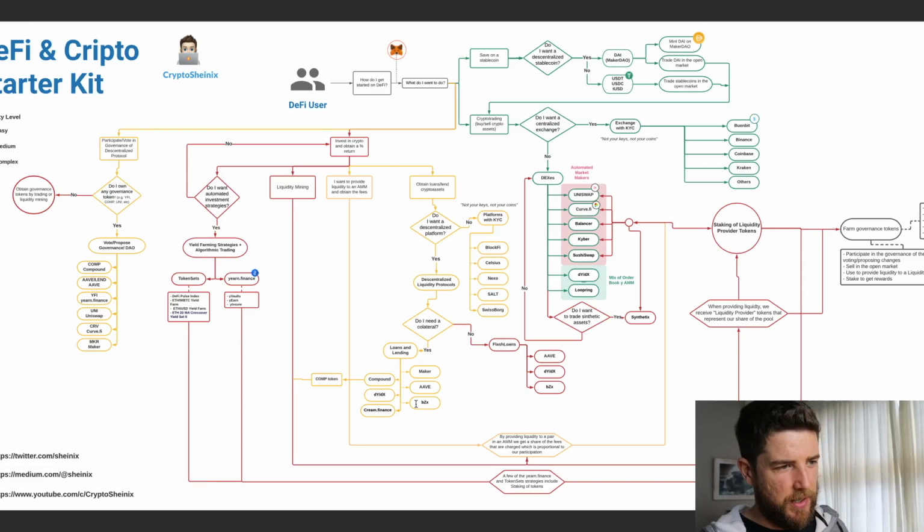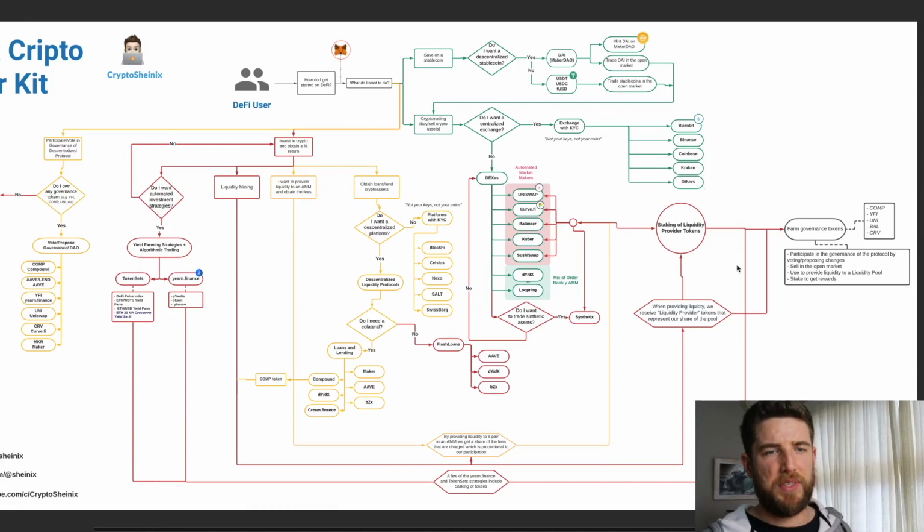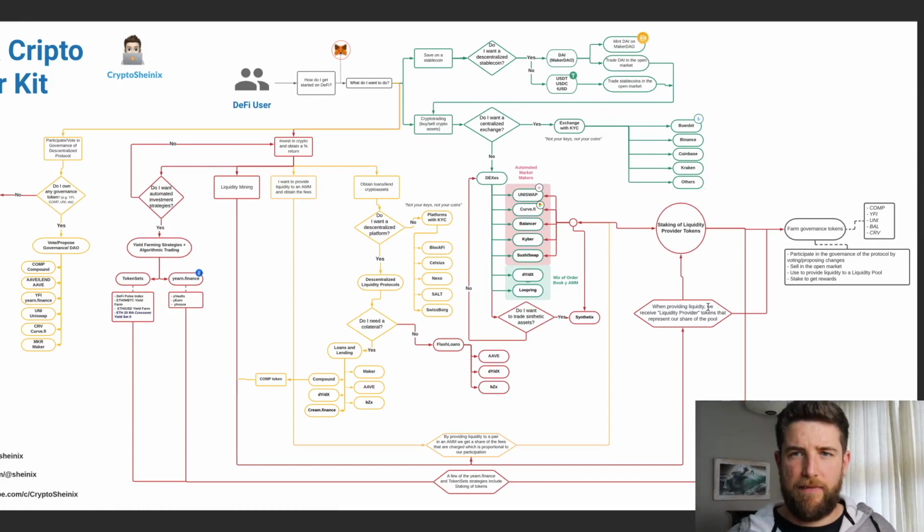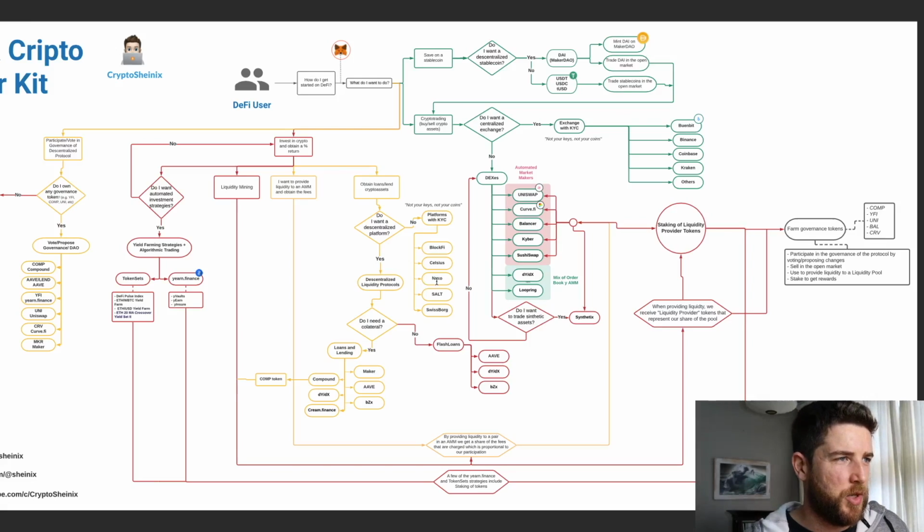Once you understand those, then you can move to understanding a little bit more about yield farming and liquidity mining and all that stuff, all those good names that the people in the industry put to the things that you can do.